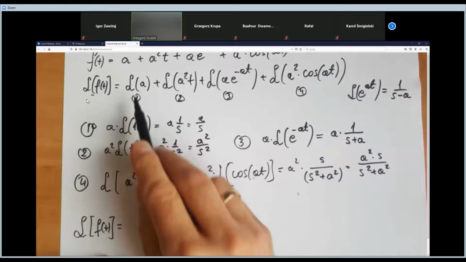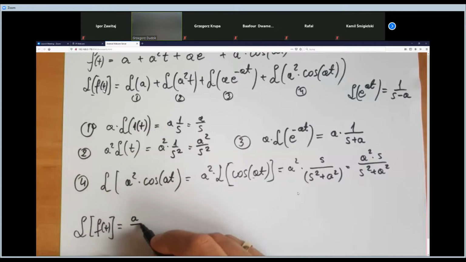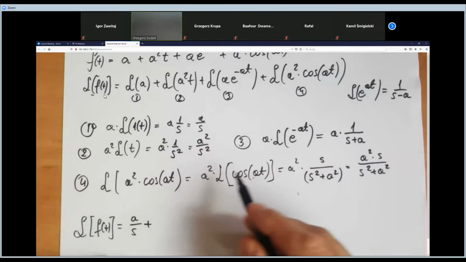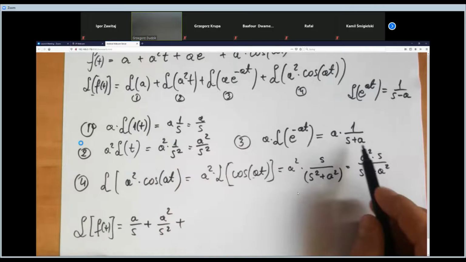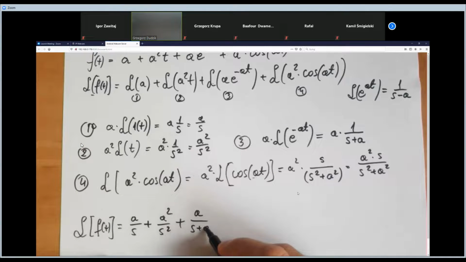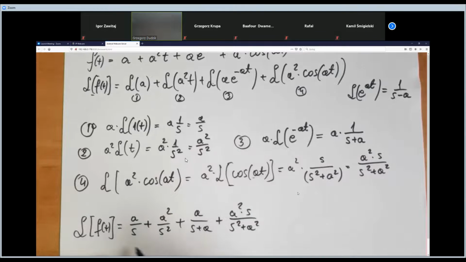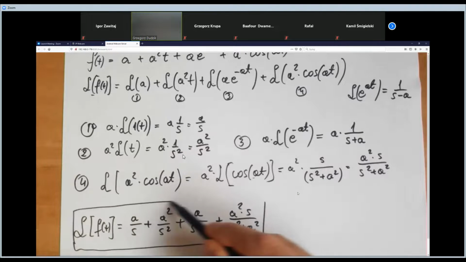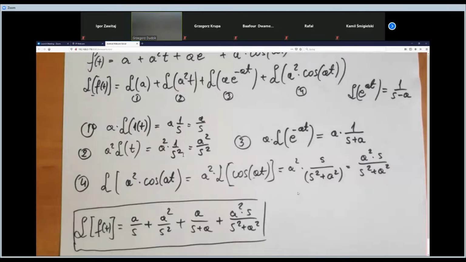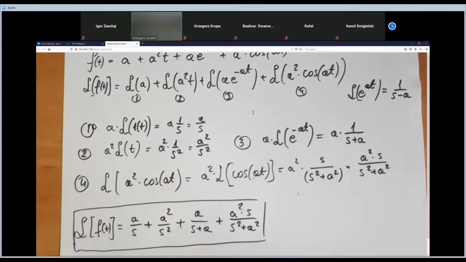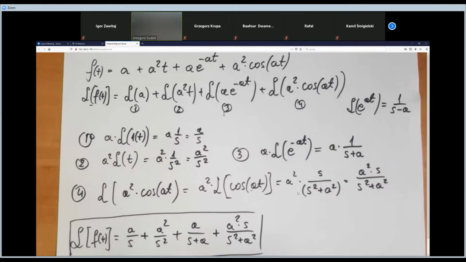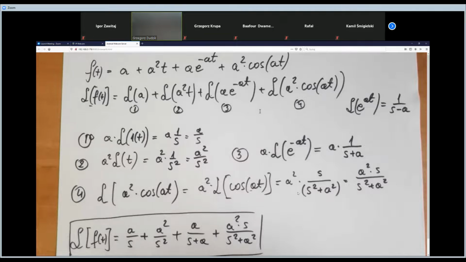So the first one was a over s, plus a squared over s squared, plus the third one, a over s plus a, and the last one is a squared times s over s squared plus a squared. As you see, this is the Laplace transform of the f(t) function. So that's how we can go from the time domain to the Laplace domain.